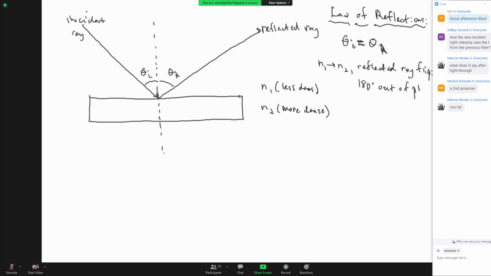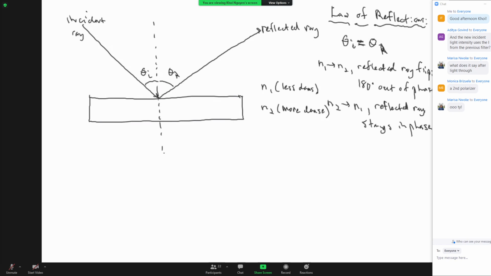And we talked about phase in that nature when we talked about interference. If we're going from more dense to less dense, the reflected ray stays in phase. Okay.